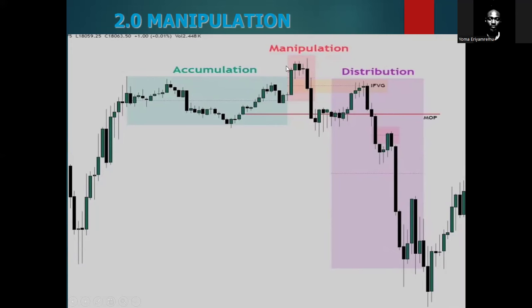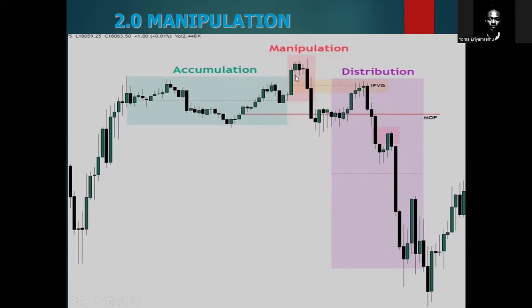All right. So what happens is that the market tries to take out everyone, believing that the market would sell around here. Most of them have put their stop loss here because these are equal highs. All right.